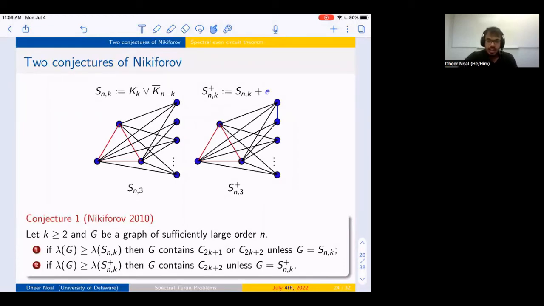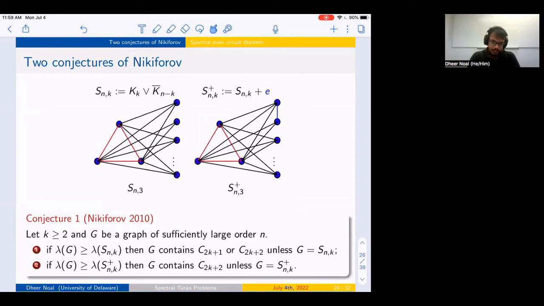Okay. And a conjecture of Nikiforov was that if your spectral radius is at least as much as the spectral radius of S_{n,k}, then it must contain either the odd wheel on 2k plus 1 vertices, or the odd cycle on 2k plus 1 vertices, or the even cycle on 2k plus 2 vertices, unless G is the graph S_{n,k} itself.